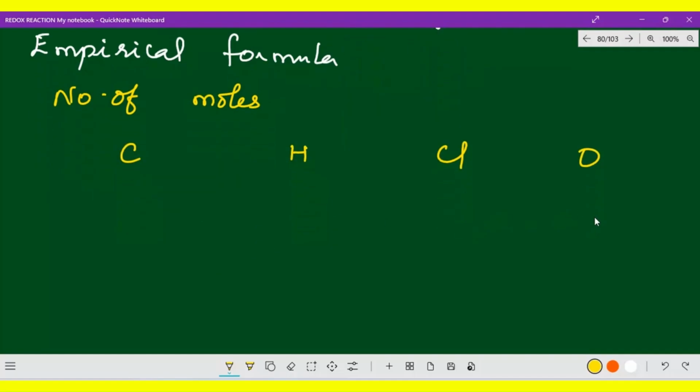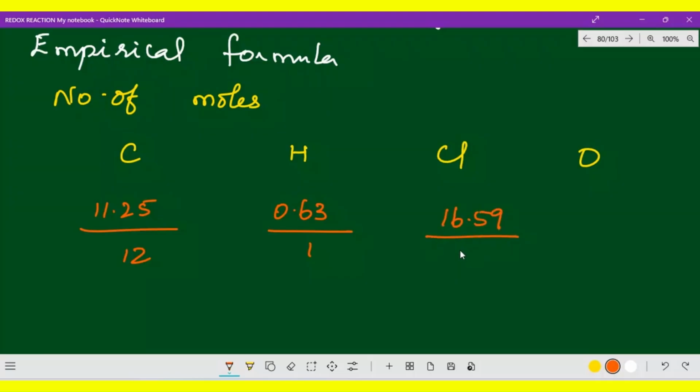Carbon is 11.25 divided by 12, and hydrogen is 0.63 divided by 1, and chlorine 16.59 divided by 35.5, and oxygen 1.25 divided by 16.